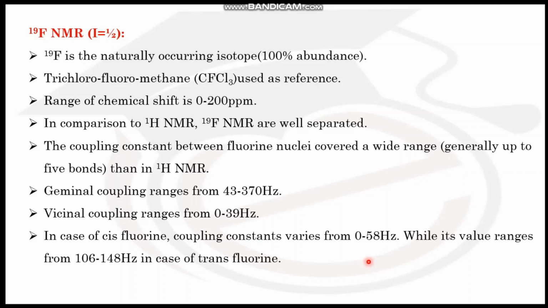For proton NMR it is TMS, and for C13 NMR also TMS. For F19 it is trichlorofluoromethane, the range is 0 to 200, and compared to proton NMR it is well separated, and coupling can be up to 5 bonds. Cis has a lower value and trans has a higher value. Also vicinal has a lower value and geminal has a higher value. You have to remember those points.